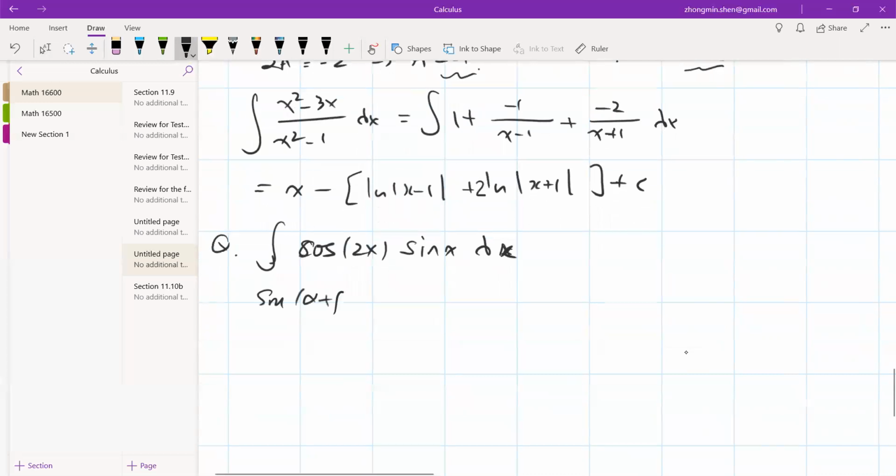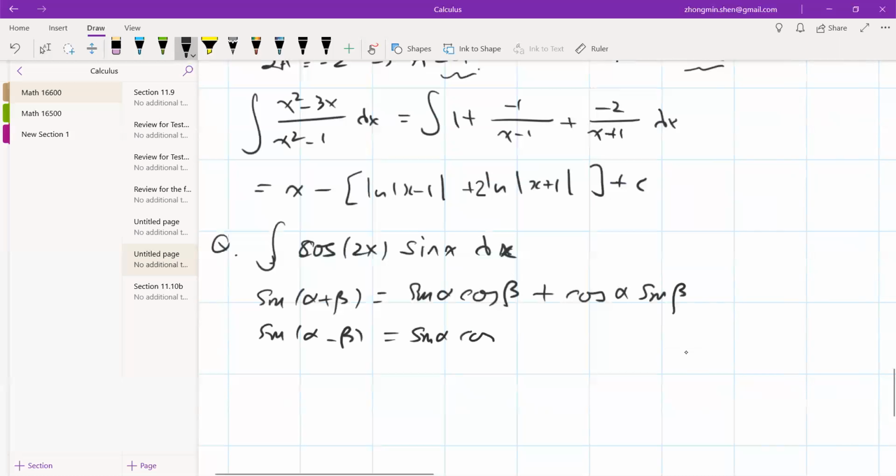Sine of alpha plus beta is going to be sine alpha cosine beta plus cosine alpha sine beta, right? Another formula, you change the sign. Oh, this is sine beta, yeah.